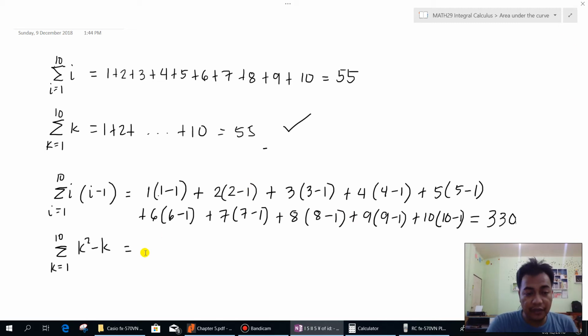Okay, how about the other one? So this is k squared minus k from 1 to 10.